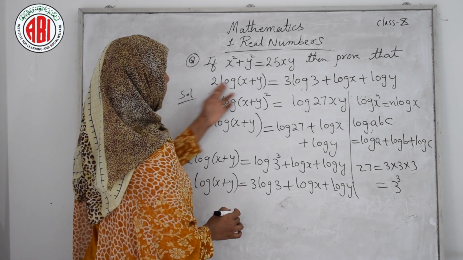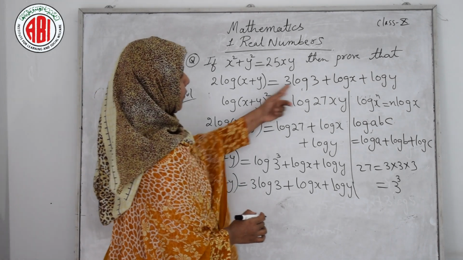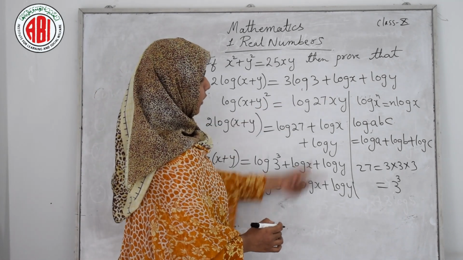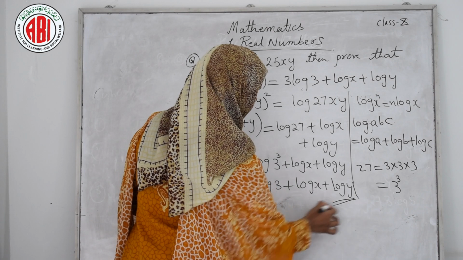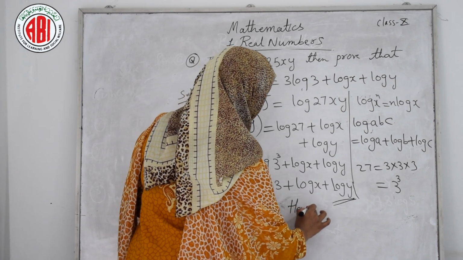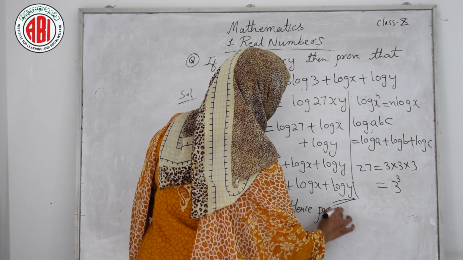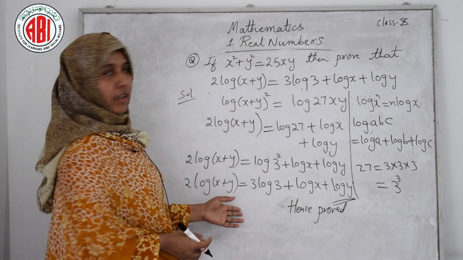Do we got this? 2 log (x plus y) equals 3 log 3 plus log x plus log y. Hence proved. Okay, we got this answer.